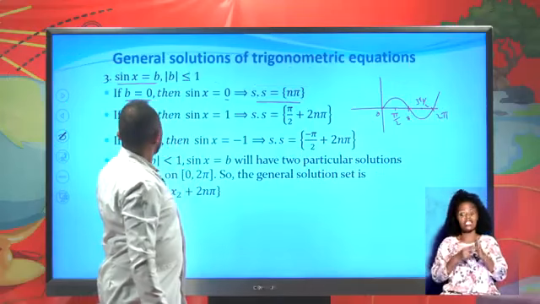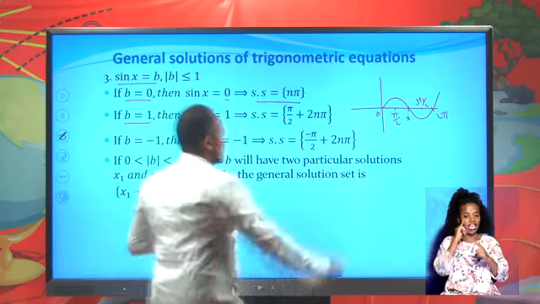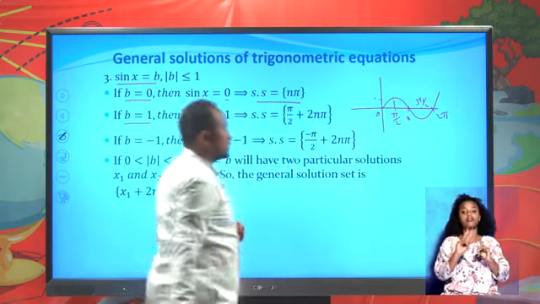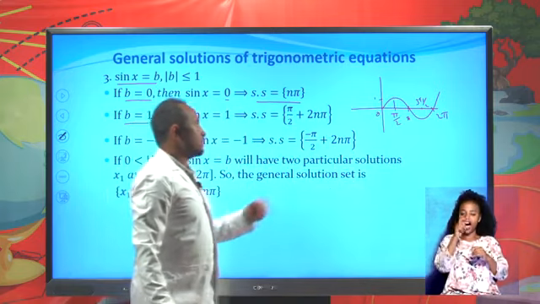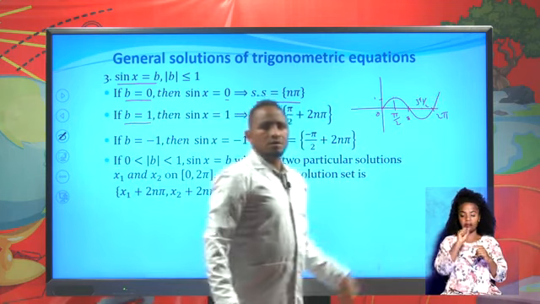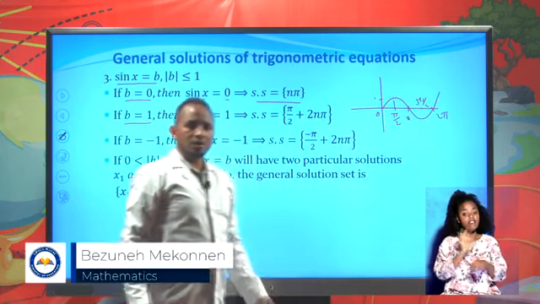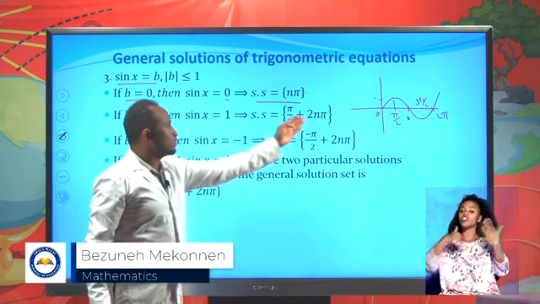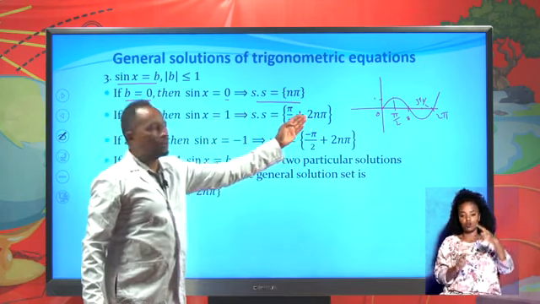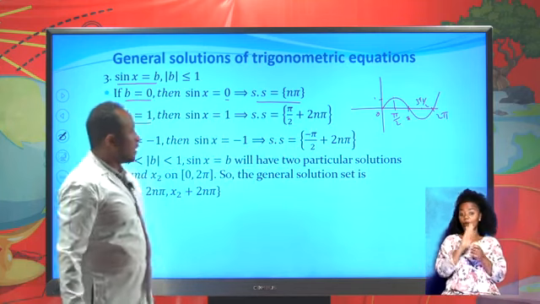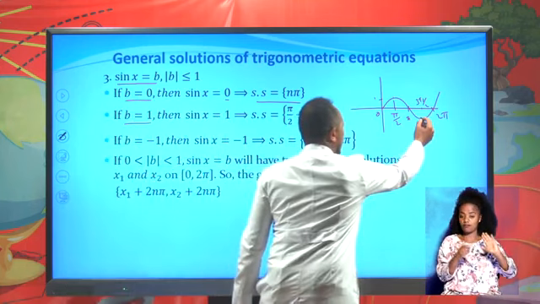And if b equals 1, the sine function has value 1 at pi over 2. Since the sine function's period is 2 pi, you can add 2 pi. So the general solution for this will be pi over 2 plus a multiple of 2 pi, that's 2n pi.